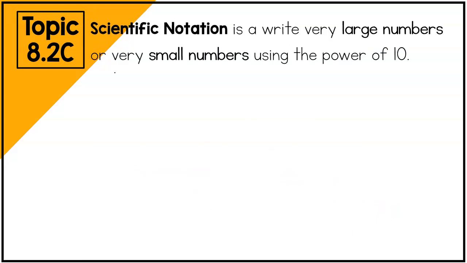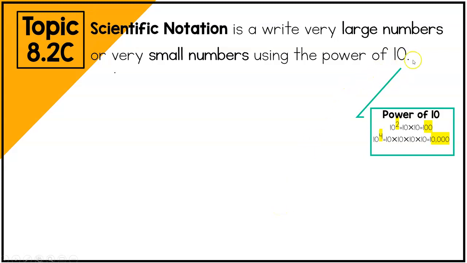So scientific notation is a way to write very large or very small numbers using the power of 10. Just a reminder, the power of 10 means we're using 10 as our base and 2 as our exponent. So for example, 10 squared, or 10 to the power of 2, would be 10 times 10, which equals 100.